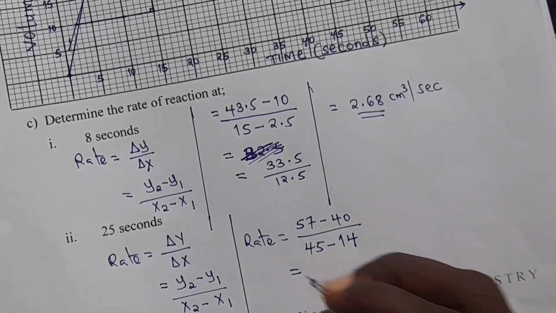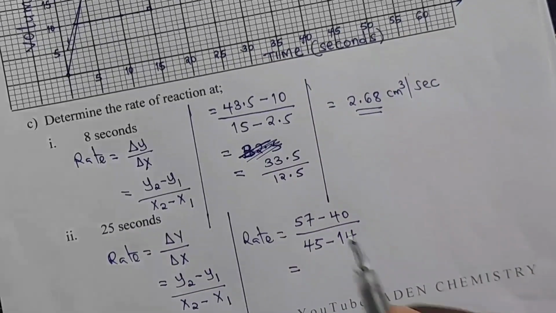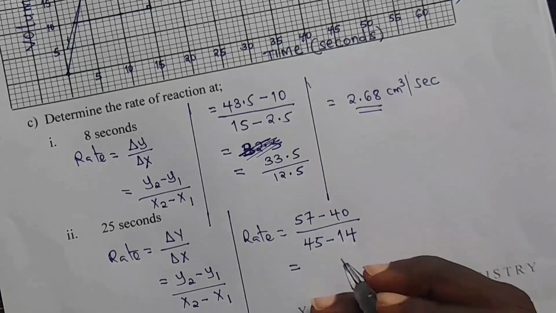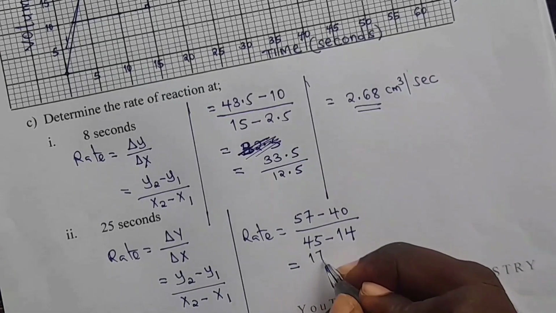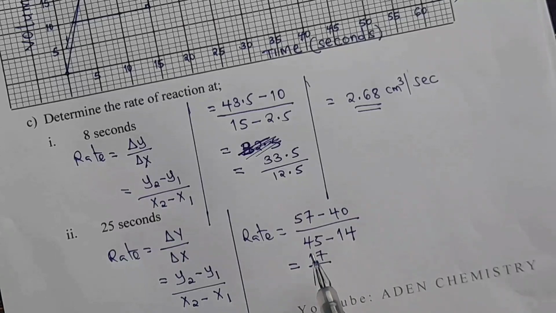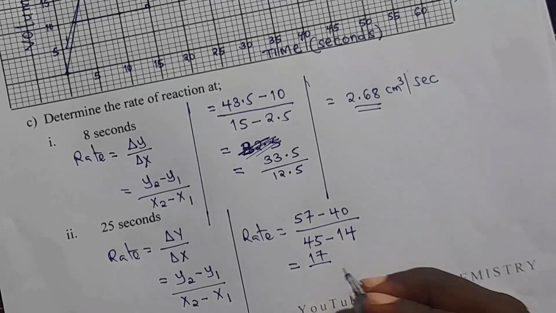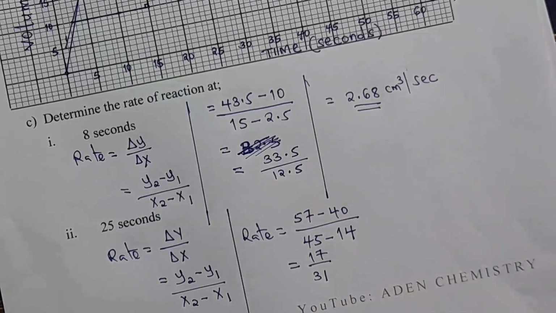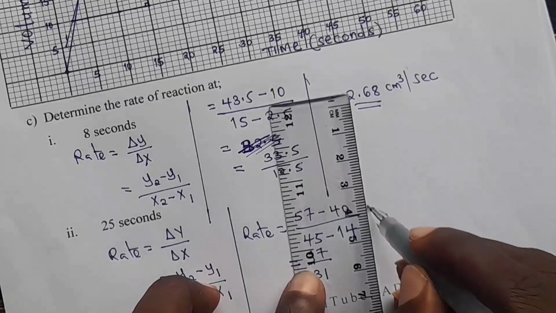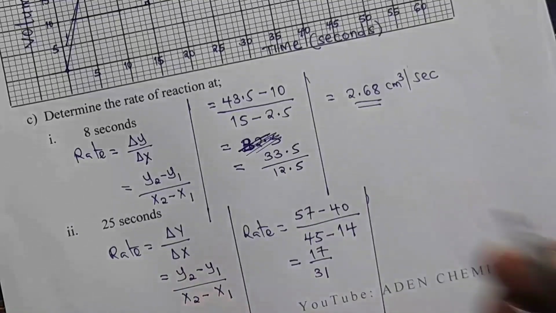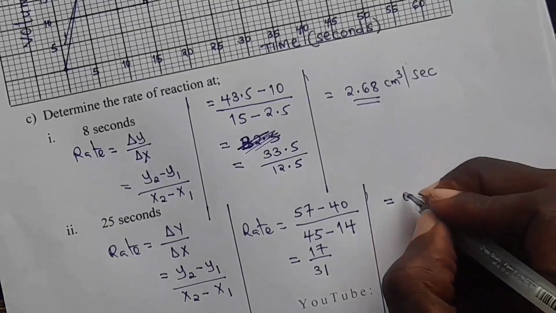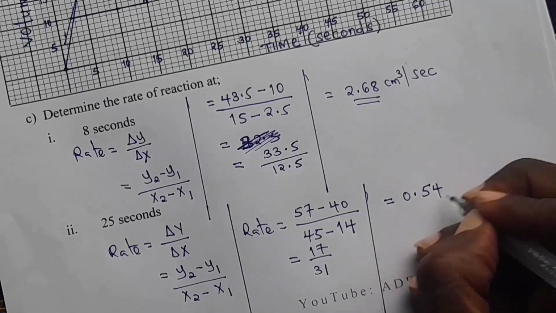So this will be equal to 57 minus 40, we are going to get 17, divided by 45 minus 14, we are going to get 31. So if we use the calculator, we are going to get as our answer 0.548.